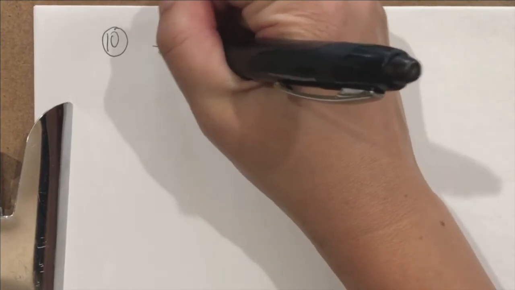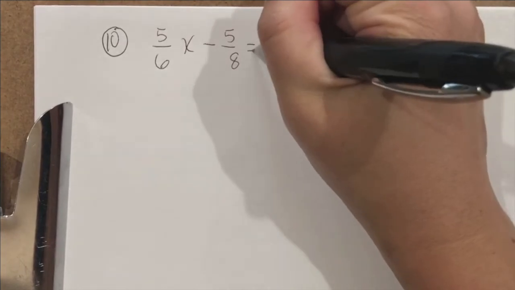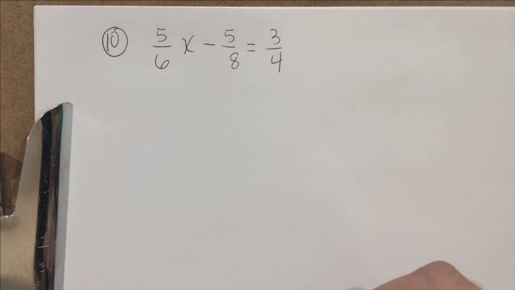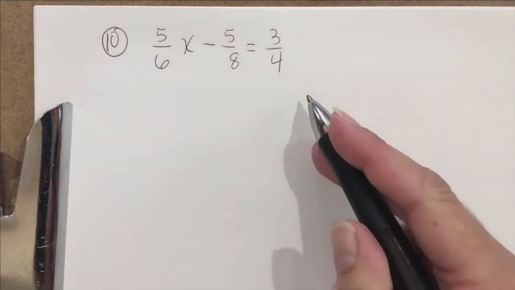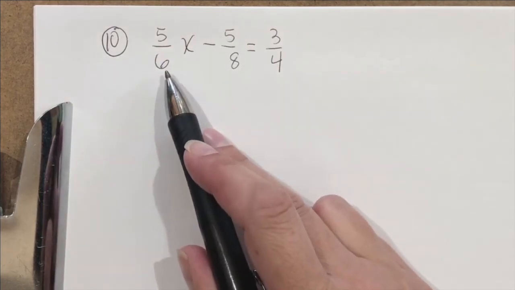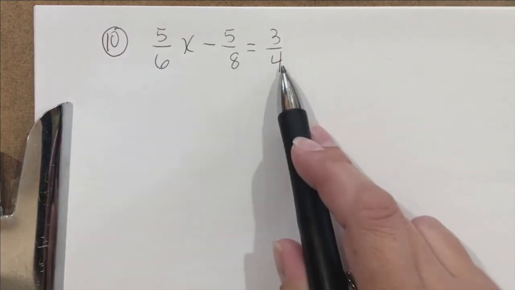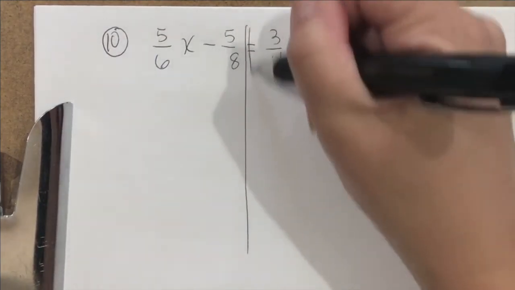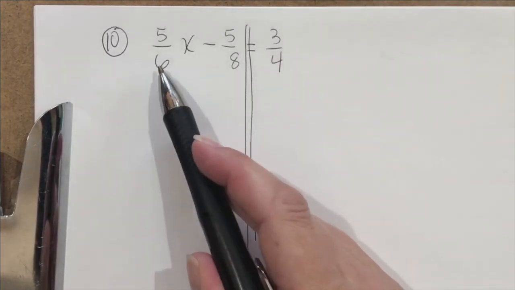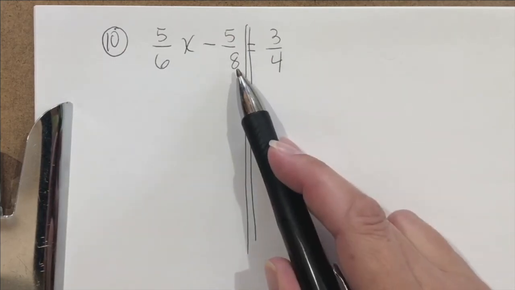5/6 x minus 5/8 equals 3/4. Okay, remember how I was talking about multiplying everything by something? Well, what is the lowest common multiple of all these numbers? Well, 6 times 2 is 12, and 4 times 3 is 12, but 8 can't really multiply to get 12.